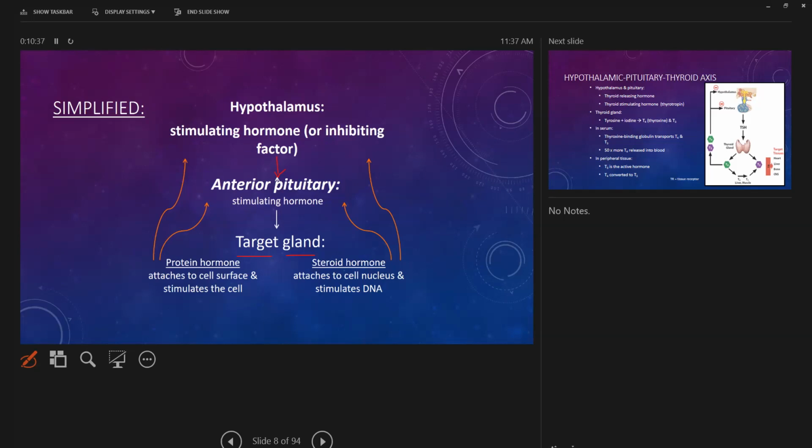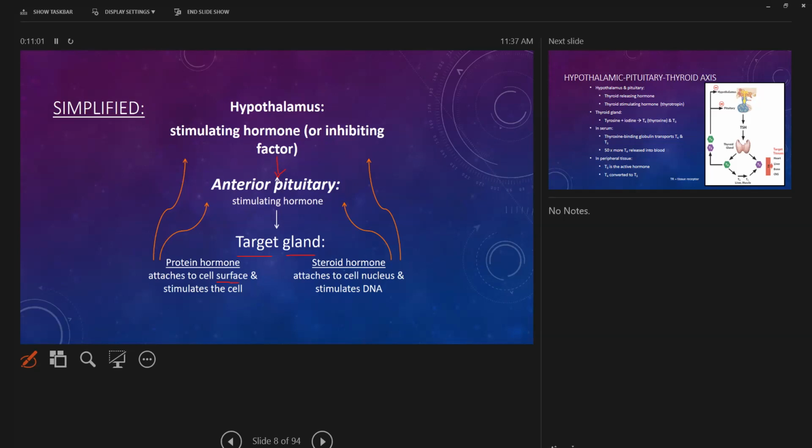A protein hormone will attach to the cell's surface, that's the key, and stimulate the cell to change and do different things. That hormone can also feed back to the hypothalamus and cause downregulation of the compounds that are upregulating its production. Same thing with a steroid hormone as far as the negative feedback goes.